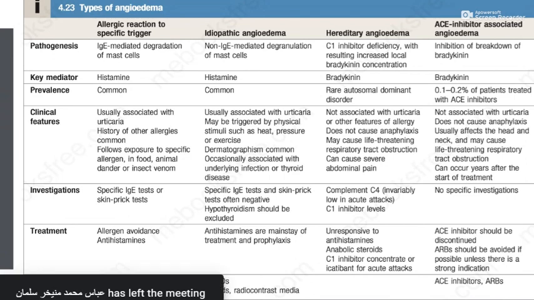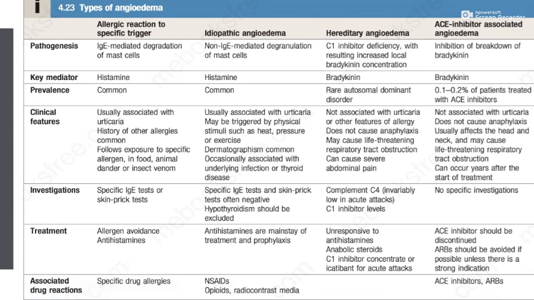In the hereditary angioedema, it will be unresponsive to antihistamine, but patient may benefit from anabolic steroids or C1 inhibitor concentrate or icatibant for acute attacks.